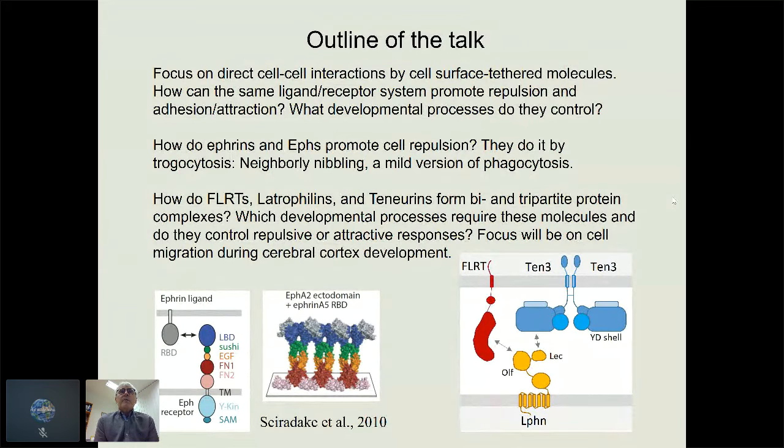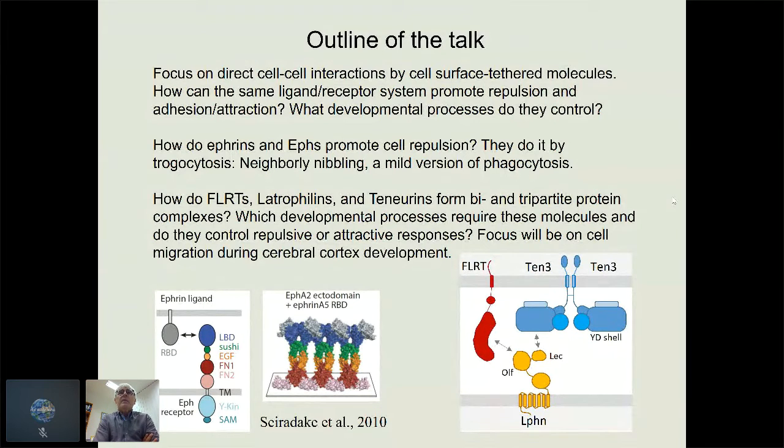I hope I can give you at least one example, not from my lab, but you will see how the signaling changes when a ligand receptor system promotes repulsion versus adhesion. And I will also get into the developmental processes that they control.